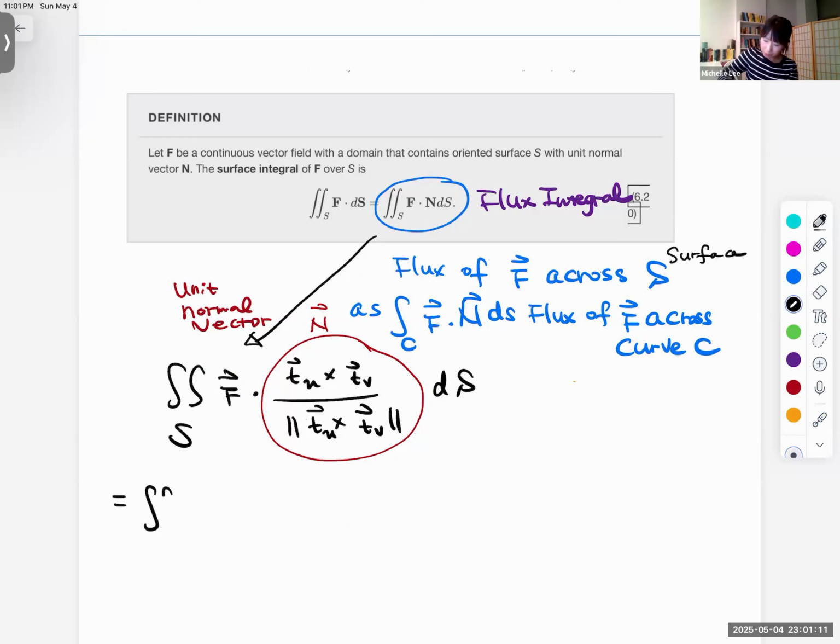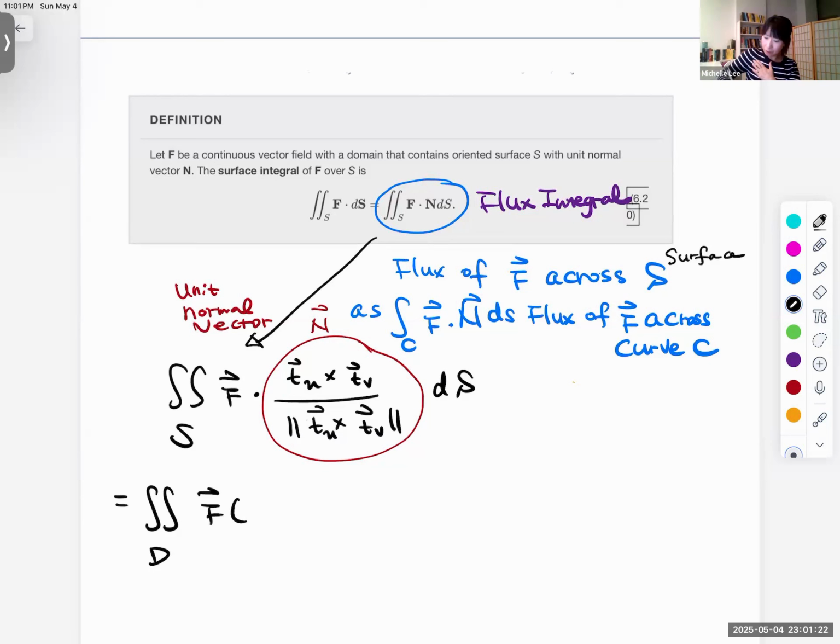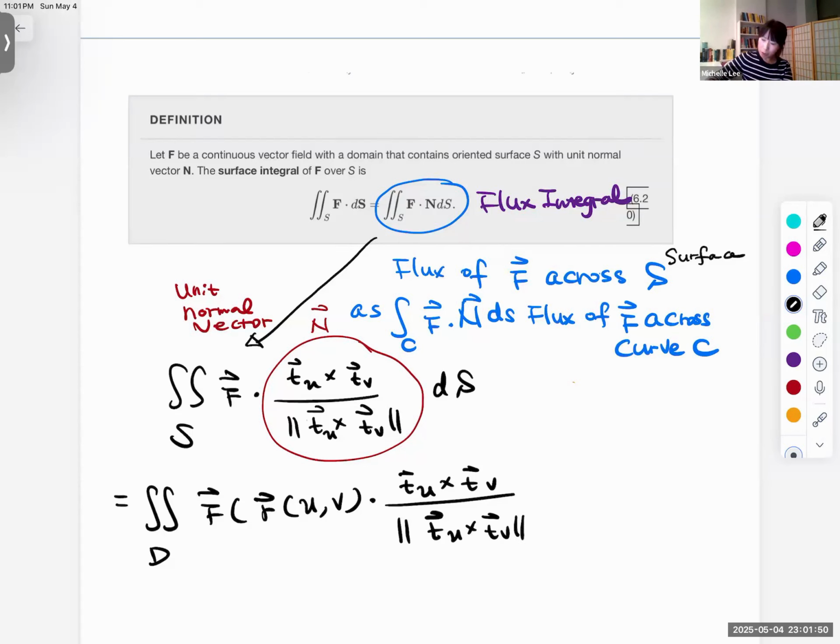So we have F of R of UV, then the product with... okay.